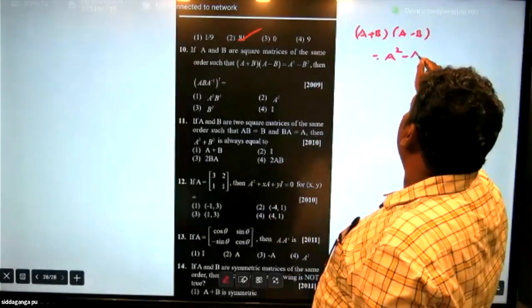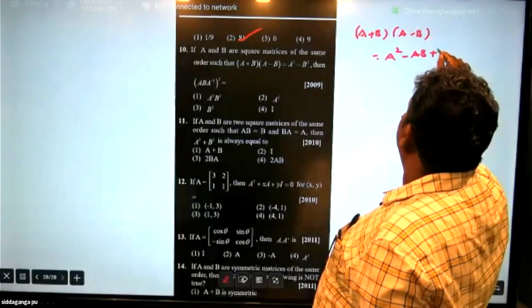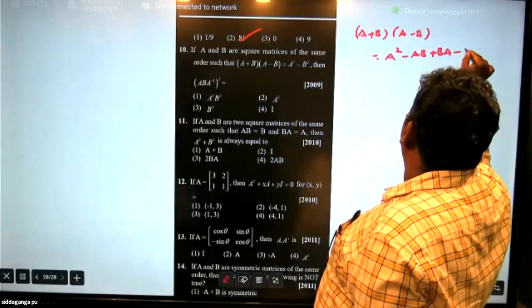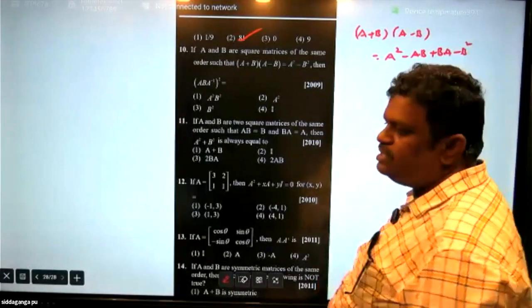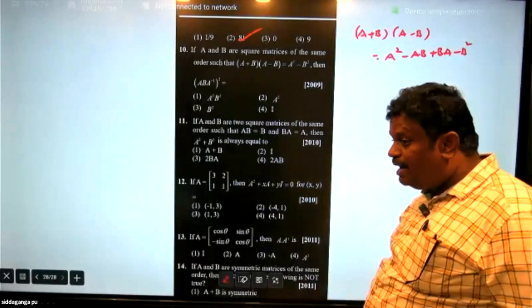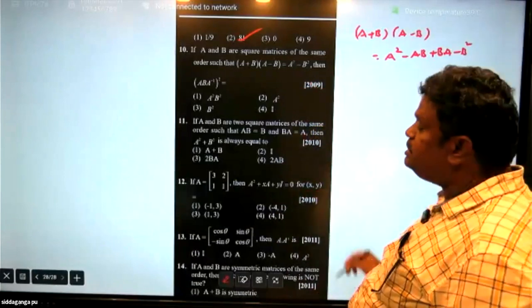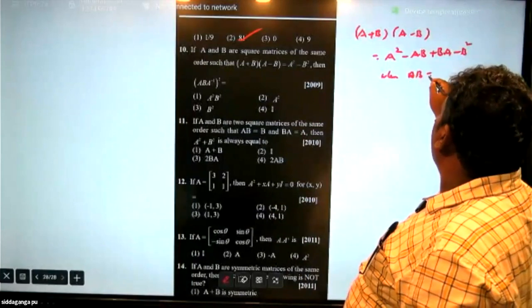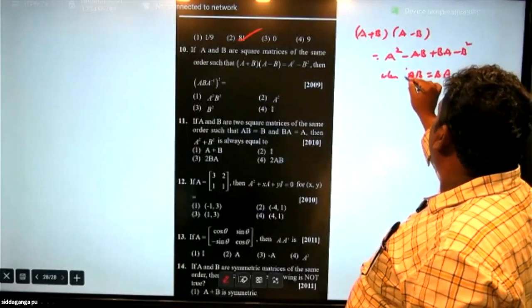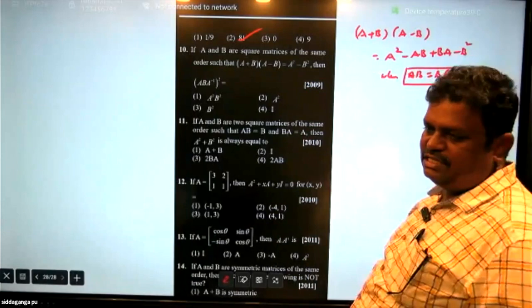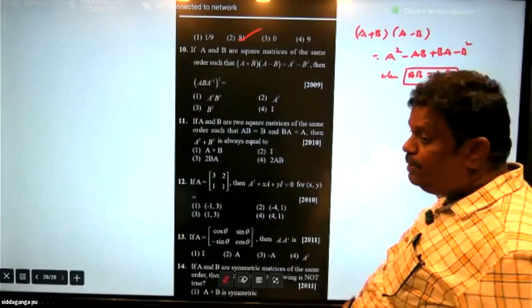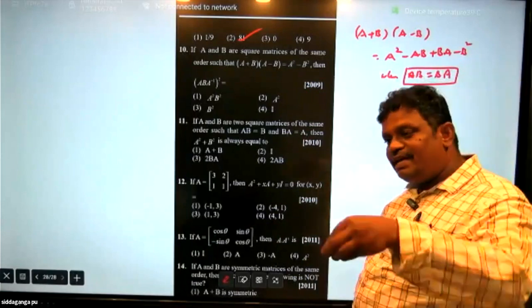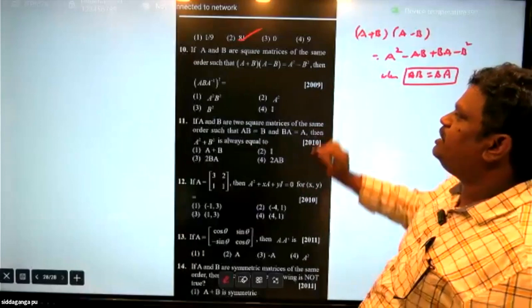Because we get A square minus AB plus BA minus B square. This condition is satisfied only when AB is equal to BA, but AB is not equal to BA generally in matrices. Only when that condition is given is this satisfied.